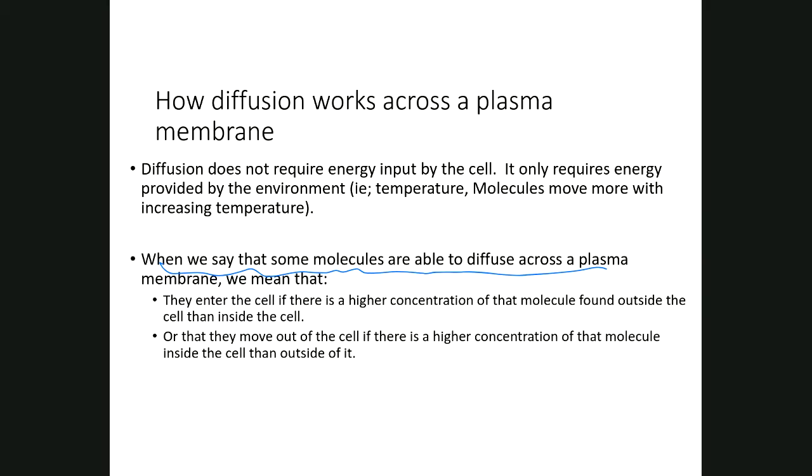So if there's more of that molecule inside the cell than outside the cell, the molecule will move away from the cell, will leave the cell. But if conditions are backwards, if there's more of that molecule outside the cell than inside the cell, then the molecule will move into the cell.